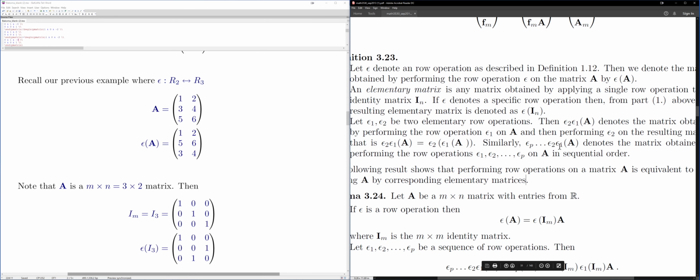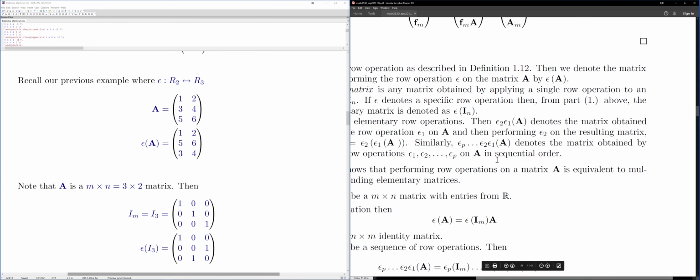So that is what the statement is over here. This notation, epsilon 1, epsilon 2, up to epsilon p, where this small p is the number of row operations, means that I start with A and then I apply row operation epsilon 1 first, then I apply row operation epsilon 2, and I keep applying row operations until I apply my last row operation, which is epsilon p. So this is what I say in the notes.